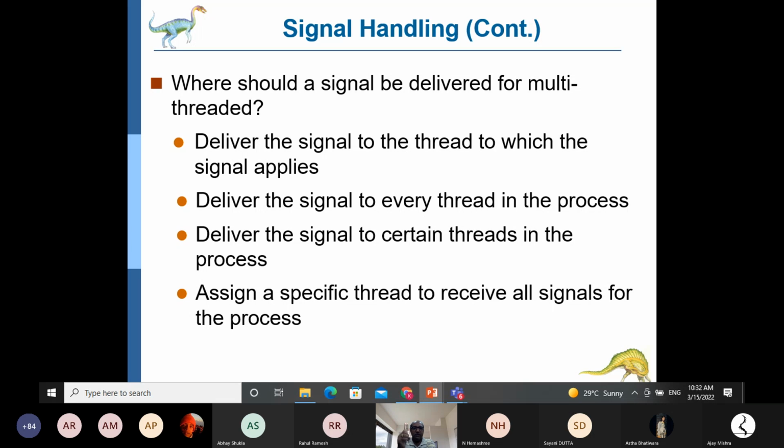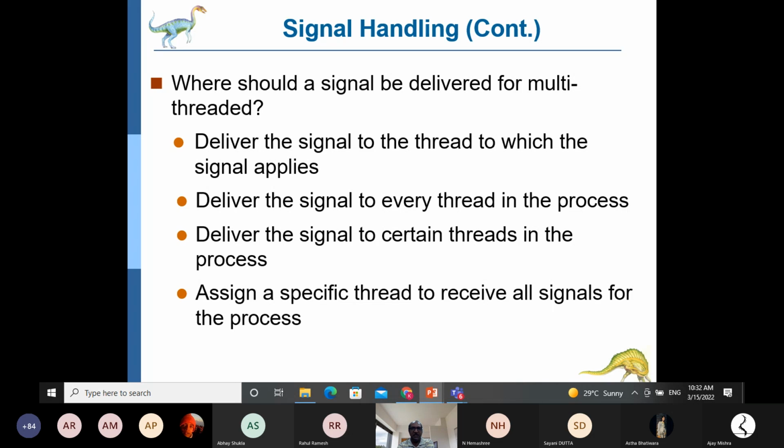Some threads are meant for receiving certain signals, some will block all the signals, and some will receive all the signals. So likewise, there are different ways. The threads can either accept the signal or simply block the signals.